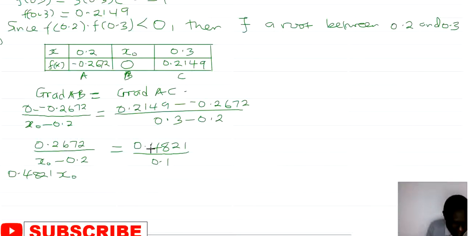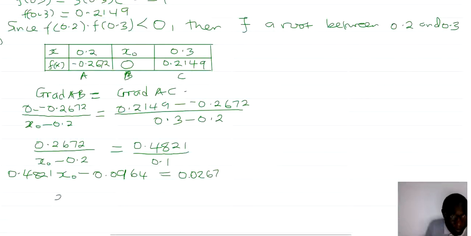Then this very one times 0.2, we are going to get minus 0.0964 equal to 0.0267. So when you work out, you'll get x0 as 0.2554.